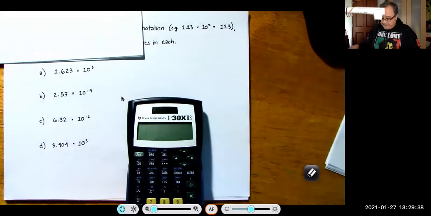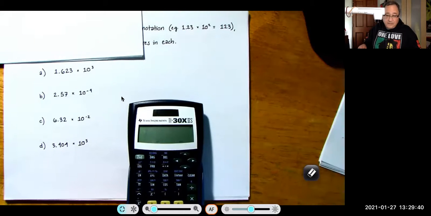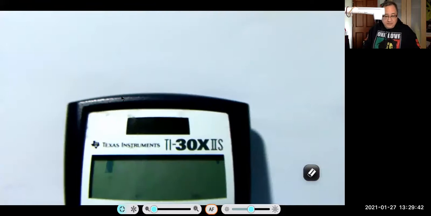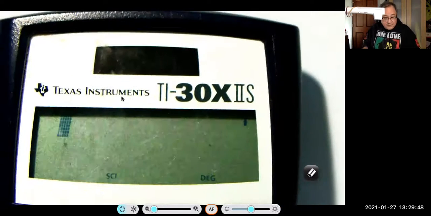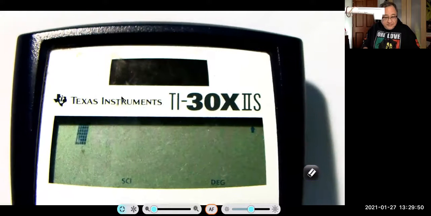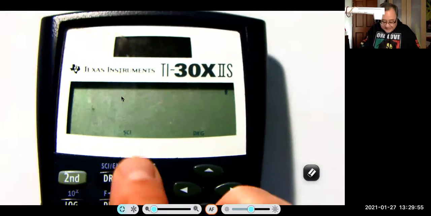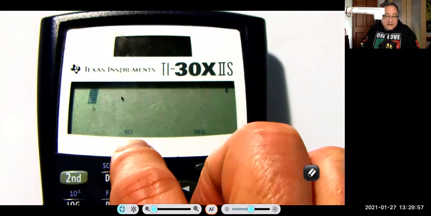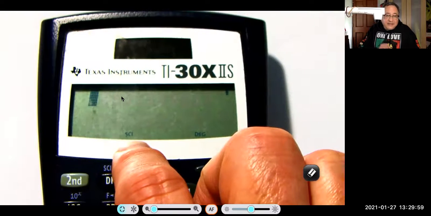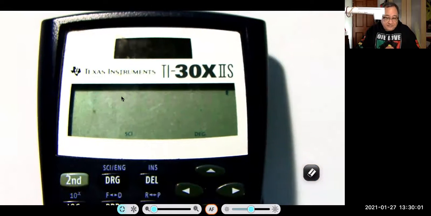Here it is. So that's a little too zoomed in. But at any rate, can you see at the bottom here that says psi? That means scientific notation on this calculator.